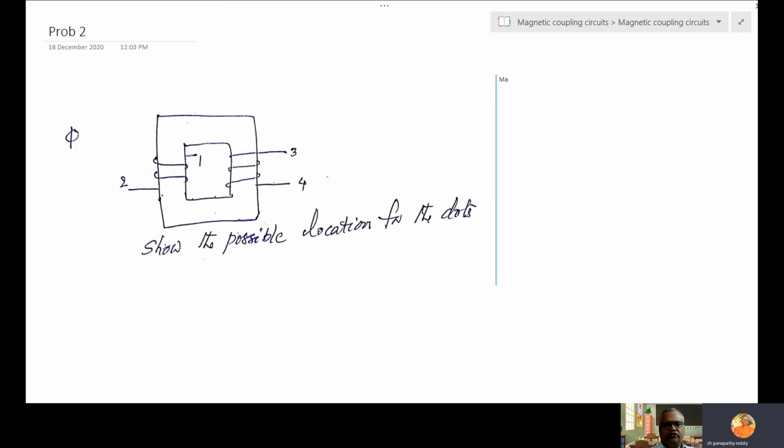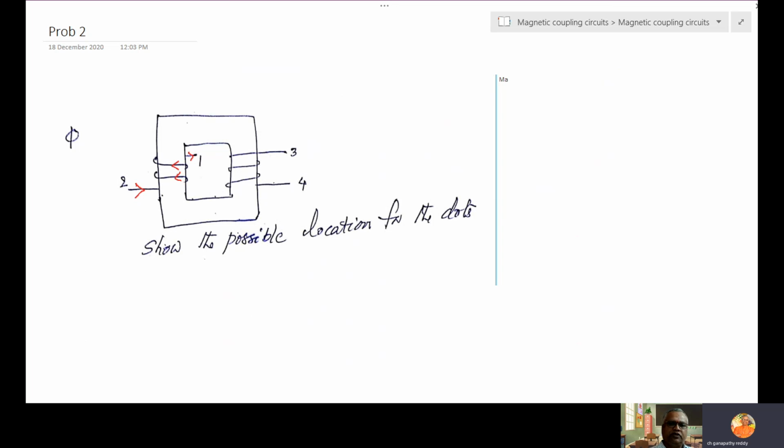So how to select the dot? The best idea, what I told you, to understand the coupling, always send the current. Send the current from either 1 or 2, anything. If I am sending from 2, this will go like this. This is the current direction.